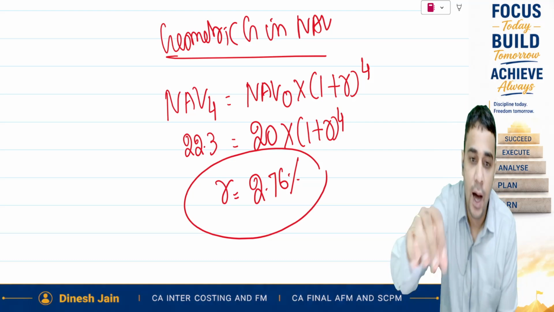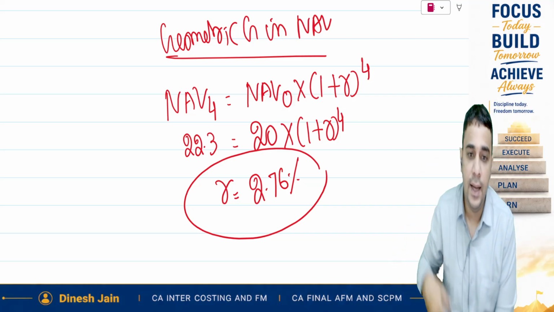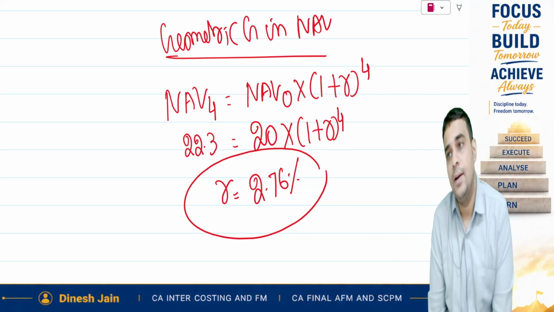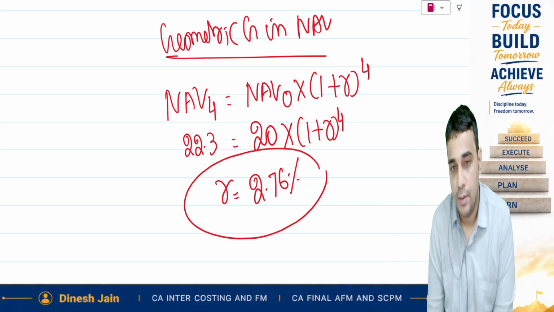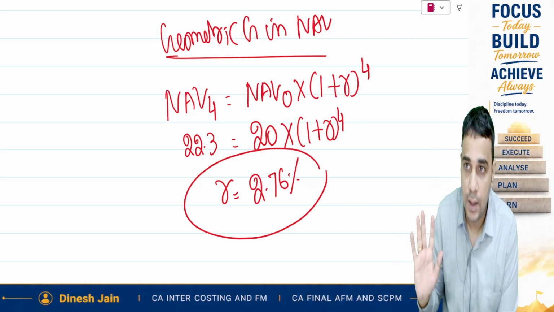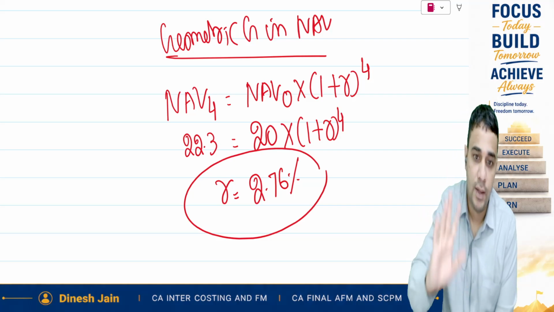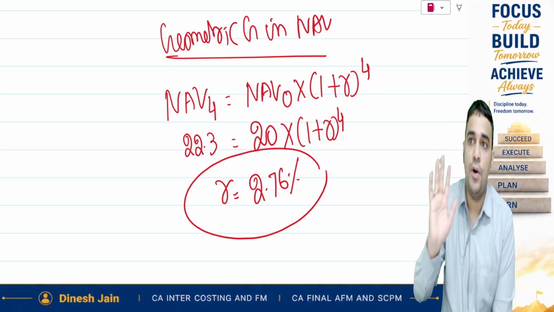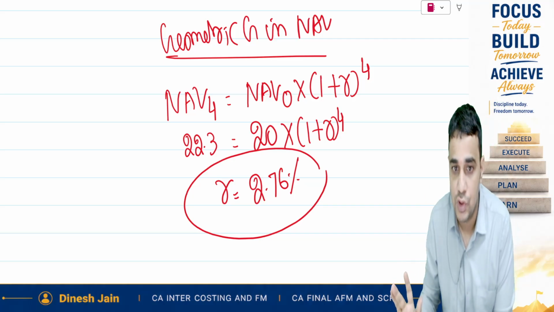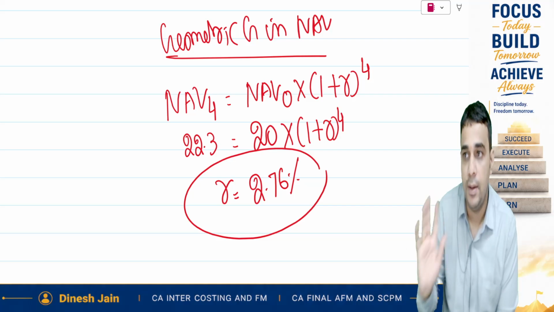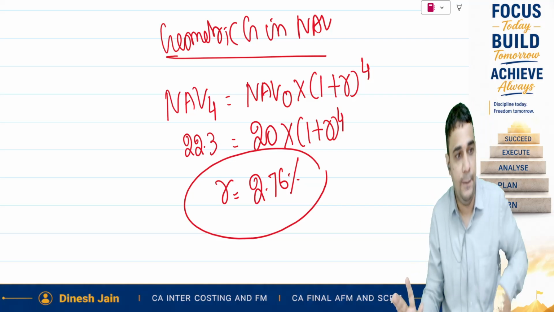So if we are lucky, we may get this. Understood? Clear? So I have done geometric growth in NAV and we have also calculated the geometric return.